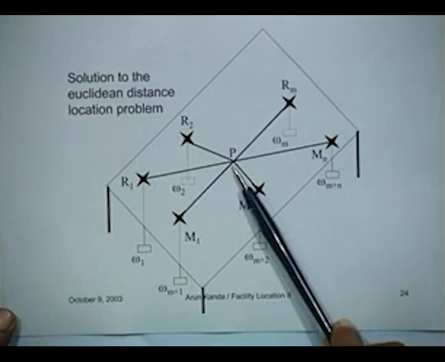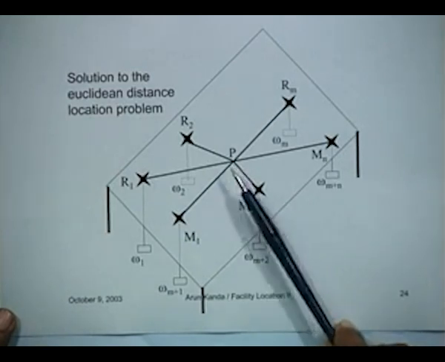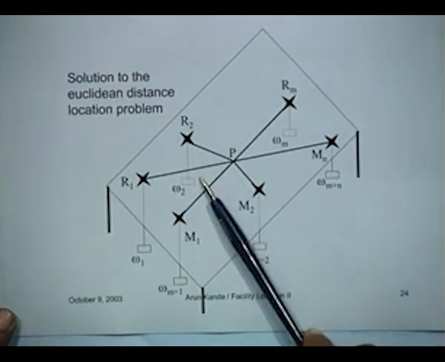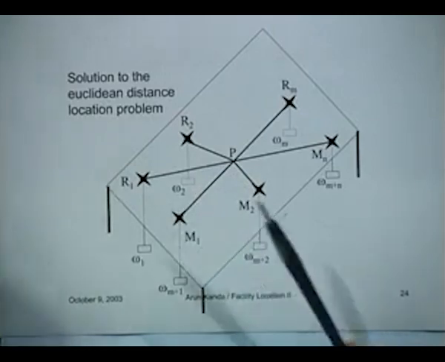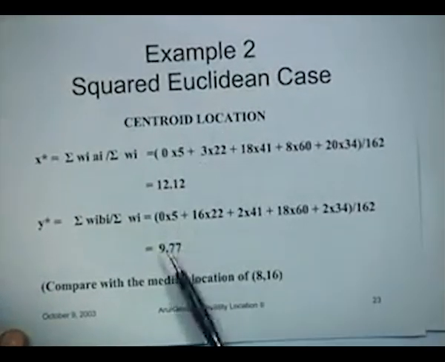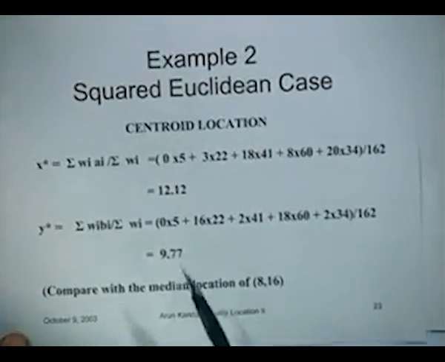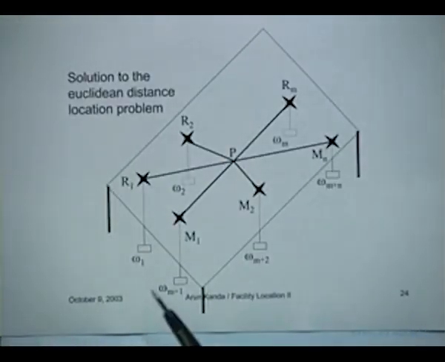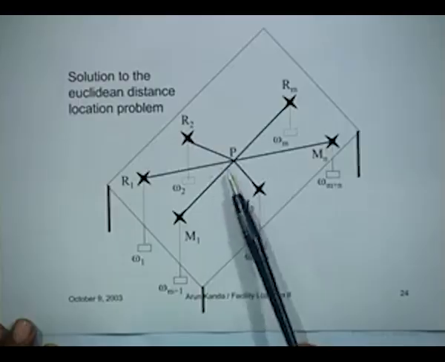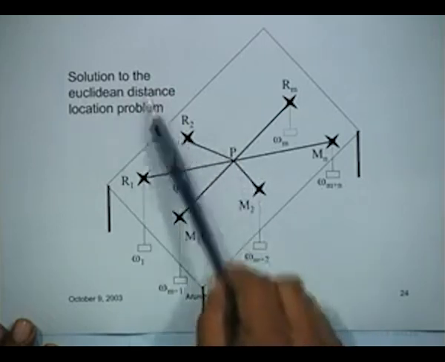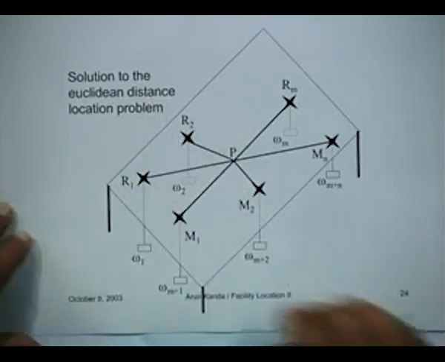You start with a trial point P, and the trial point P in most solutions is the solution to the centroid problem. So you can start with 12.12 and 9.77 and then keep iterating in a certain fashion. We will talk about that algorithm in the tutorials as to how it is done, but essentially this is an exact solution of the Euclidean distance location problem, and I think that gives you a broad idea of how these problems are.